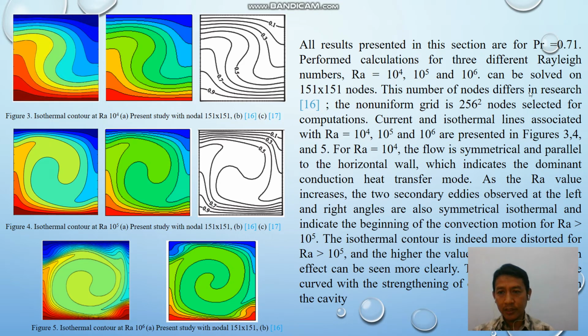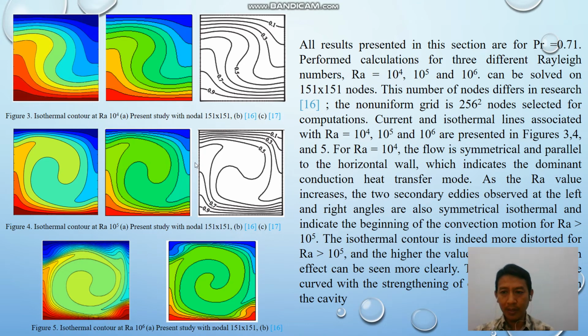This number of nodes differs from the research of Ouertatani, where the non-uniform grid of 256 squared nodes was selected for computation.